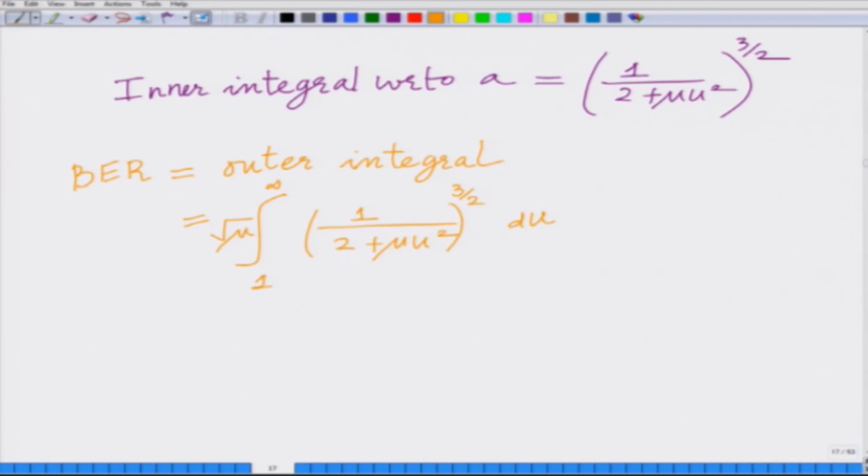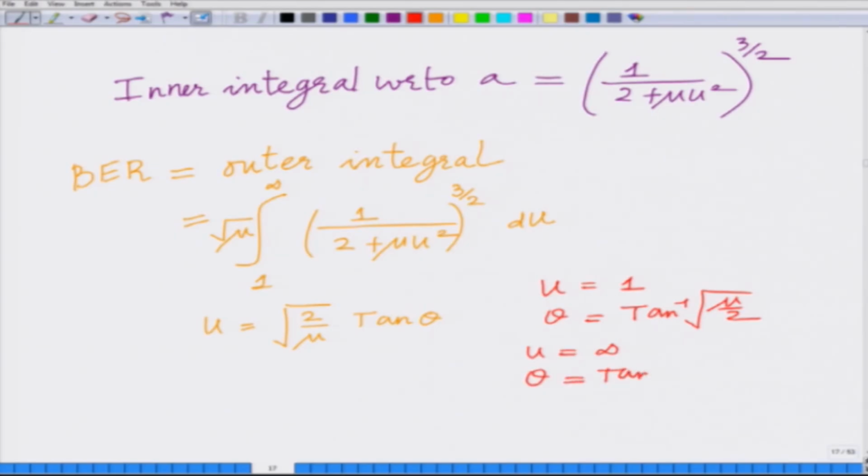Now I am going to use the substitution u equals square root of 2 by mu tan theta. Therefore, when u equals 1, I have theta equals tan inverse square root of mu by 2. When u equals infinity, theta is equal to tan inverse infinity, which equals pi by 2.